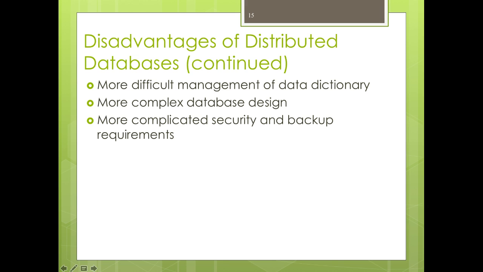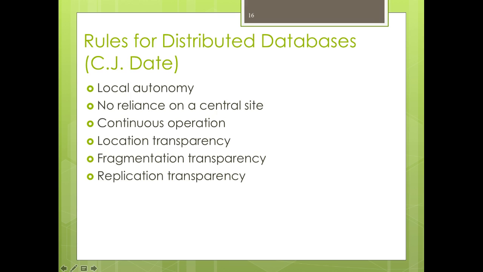It is going to become a more complex database design, and we're going to have more complicated security and backup requirements. So how do we control which users can get into the system from which locations? What kind of information can they get into? Can they get into information from the other locations? And then also the backups, because we have to back up not only our main location, but also the remote sites.